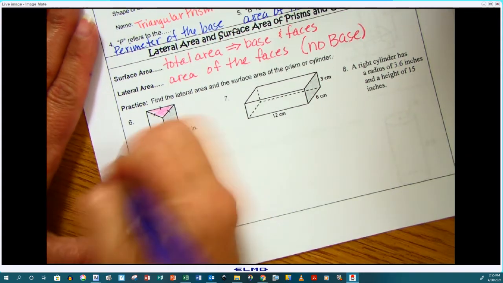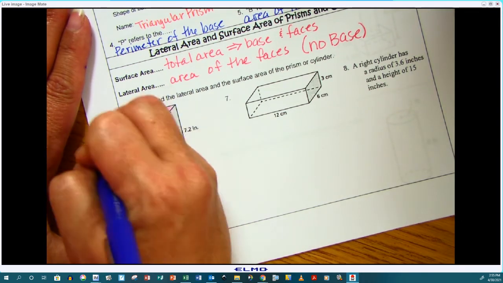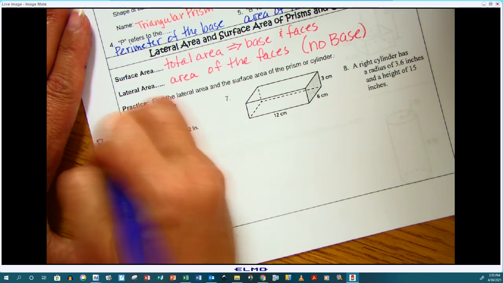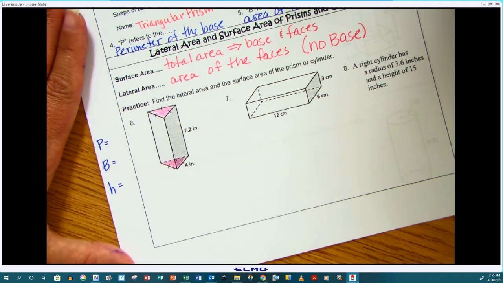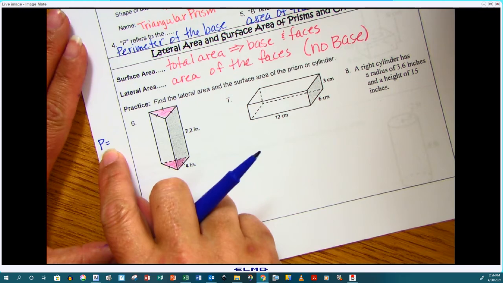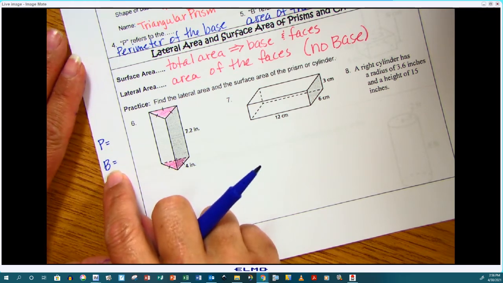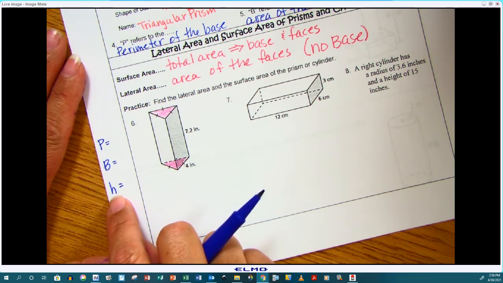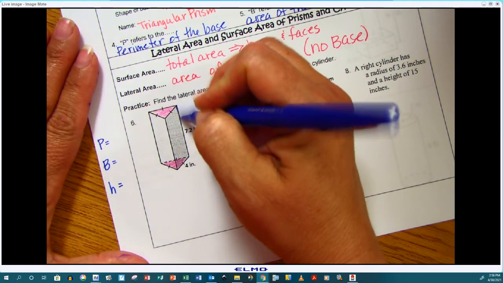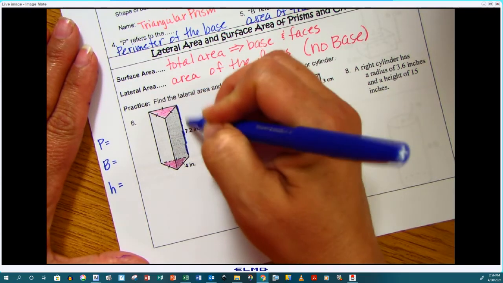So the first thing you're going to do is you're going to write P, B, H. All right. P is the perimeter of the triangle. Big B is the area of the triangle. H is the height of the prism. So how far apart are your triangles? So this is your height.